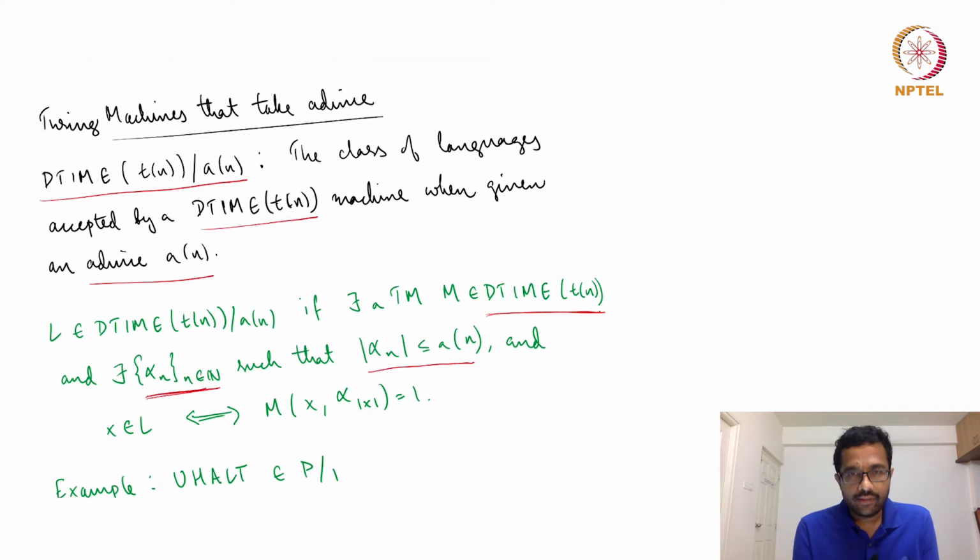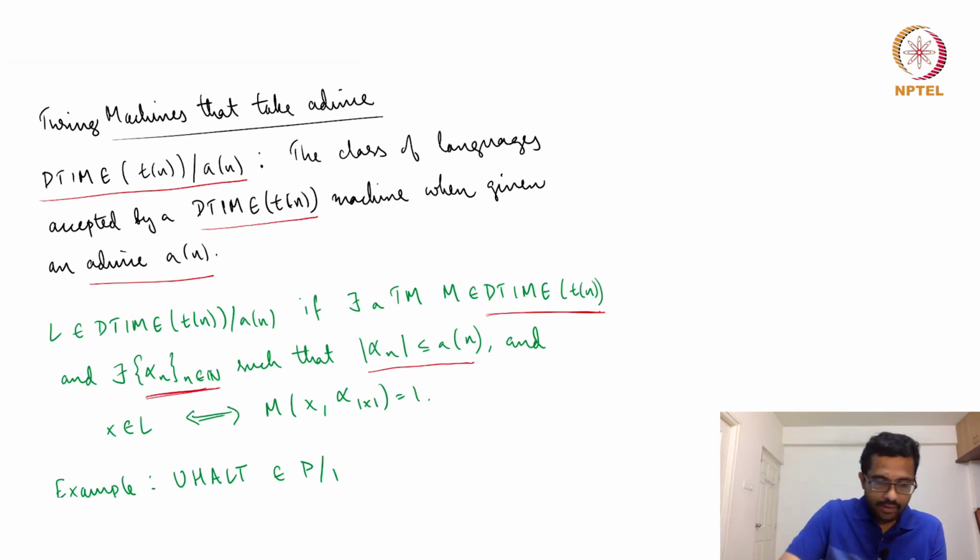The second thing, rather the more important point, is that there the certificate could change with the input. For each input we could have a different certificate. For each graph I could have a different 3 coloring. For each Boolean formula I could have a different satisfying assignment.